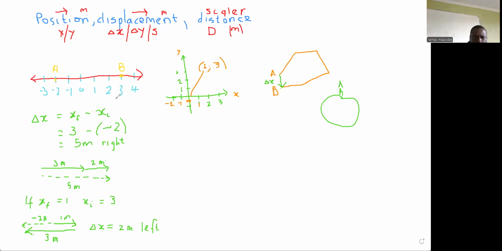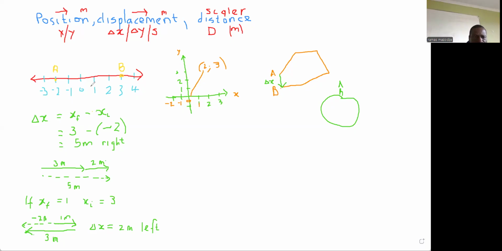Okay, so let's look at this. So we said delta x is equal to 3 minus negative 2, which is 5 meters to the right.